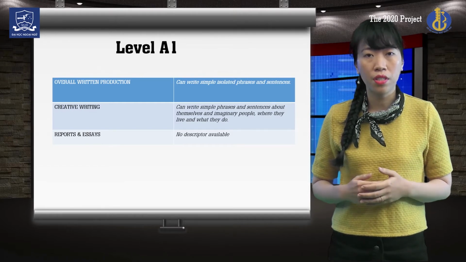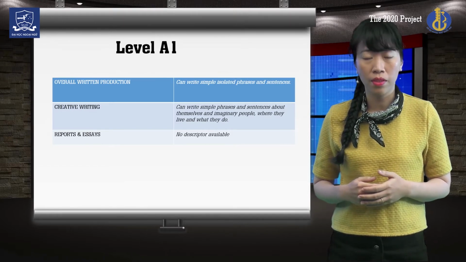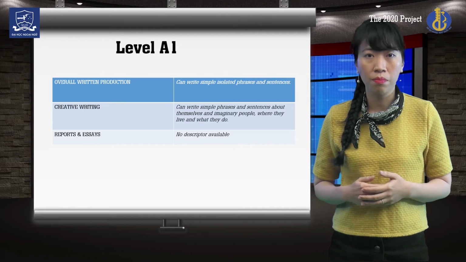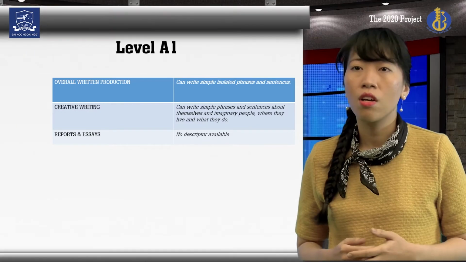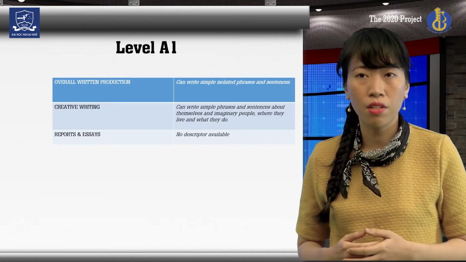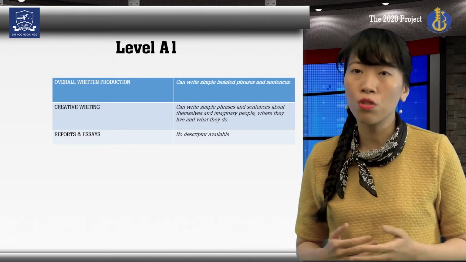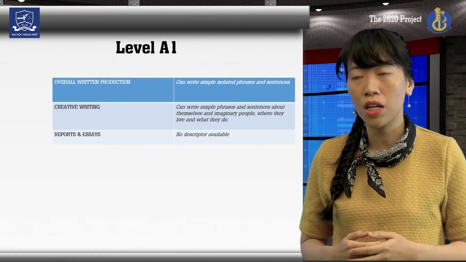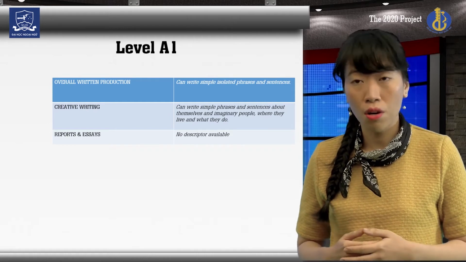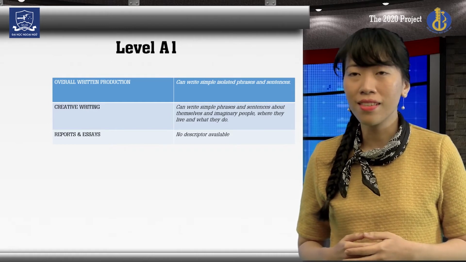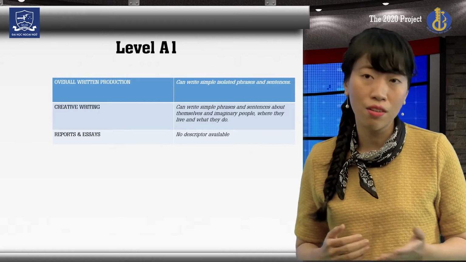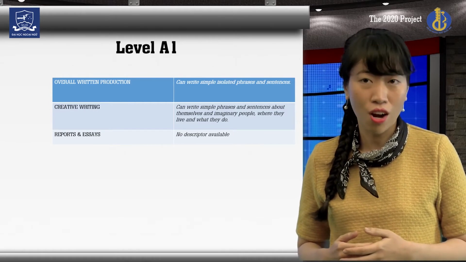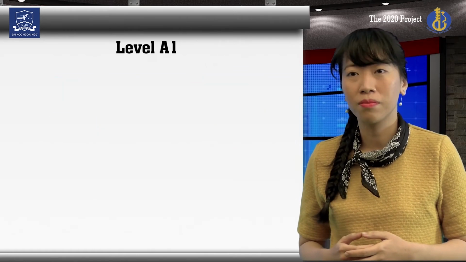Or they can use some simple basic punctuation such as capitalization, periods, commas, question marks. For the second subscale, writing reports and essays, of course we don't expect learners at the level can do this. That's why there's no descriptor available. You will find descriptors about writing reports and essays in higher levels, but definitely not at A1 and A2.